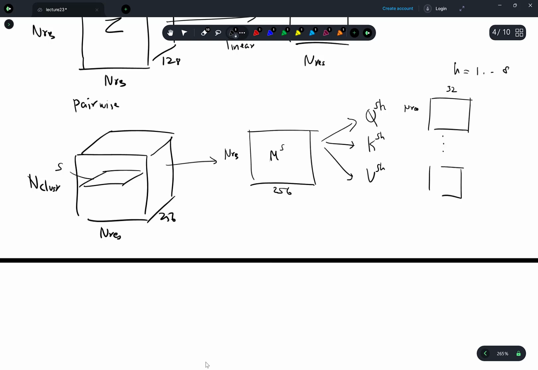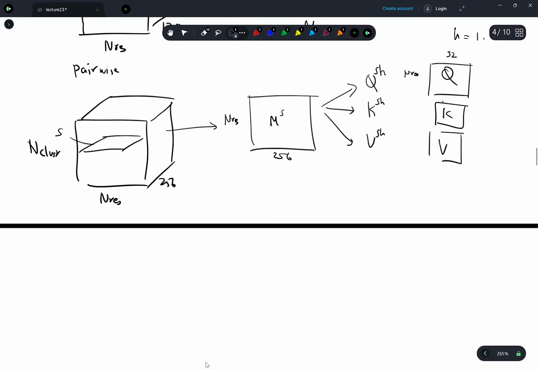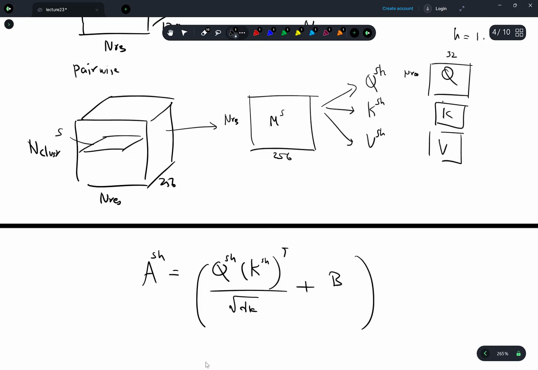Now I need to compute the attention. The attention is easy. So attention SH is simply query SH times key SH transpose over root dk, plus B. You can see that the dimensions all add up, because the query is nres by 32.